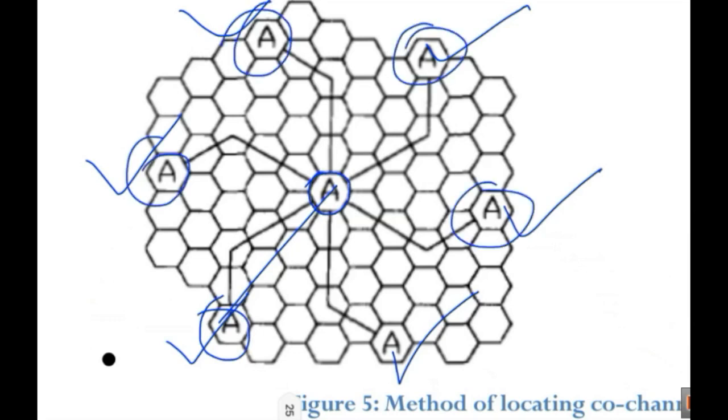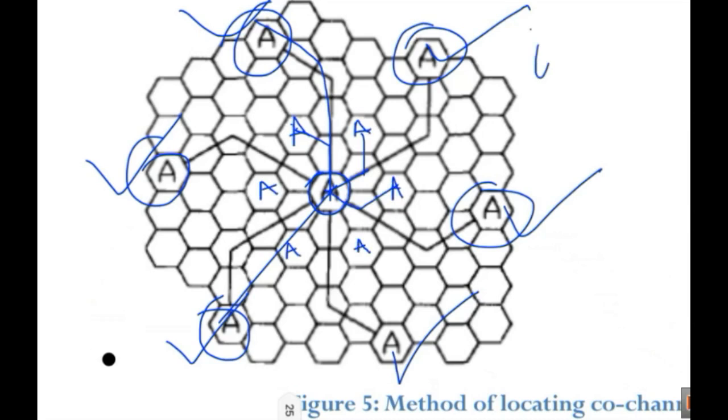Assume that we never had such a big separation. Assume that the first A was this one, so we are only going 1 and 1. Then we would have A there, and on the other direction you'd have another A there. Then another cell would be here. We jump 1 and come another A there, another A there, another A there.